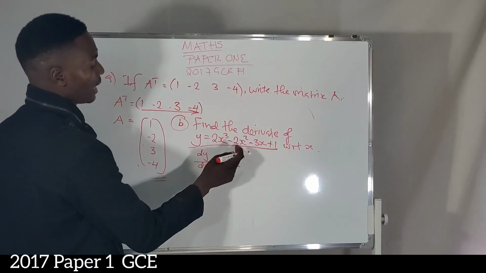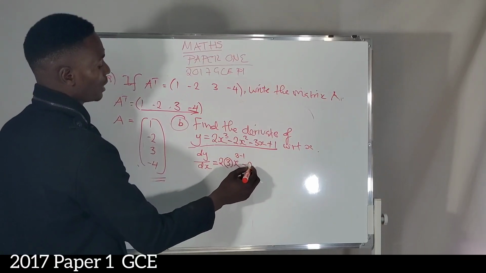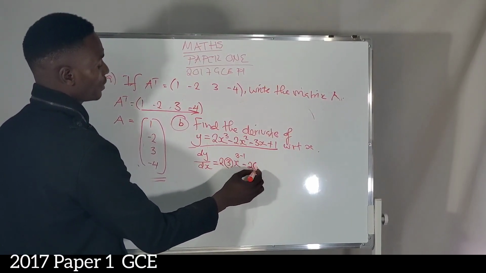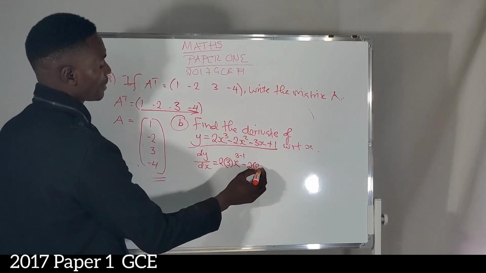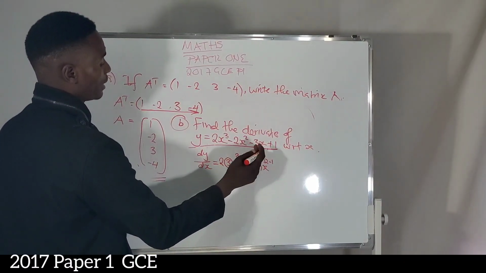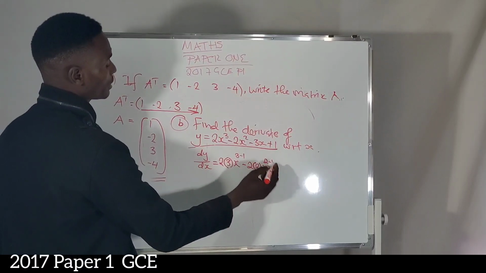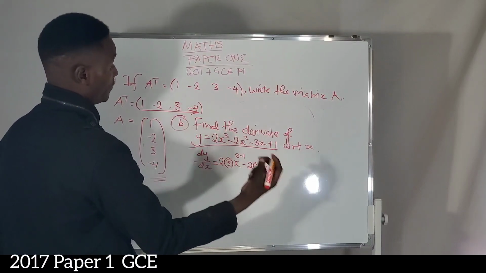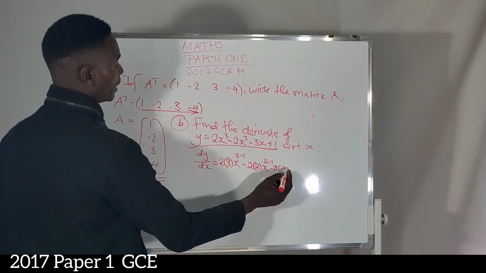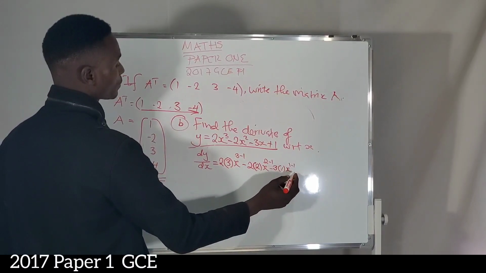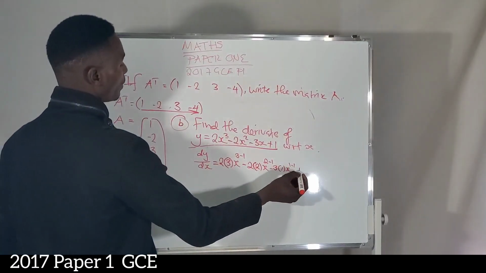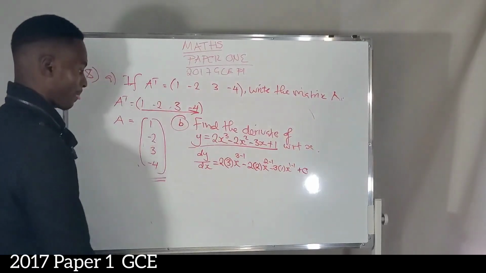You do the same even here, it will be negative 2 times positive 2, which is the power, then x, the same power reduces by 1. Here you do the same, since this is raised to the invisible power 1, it will be negative 3 times 1 x, and invisible 1 minus 1. Then the dy dx of a constant number is always 0.